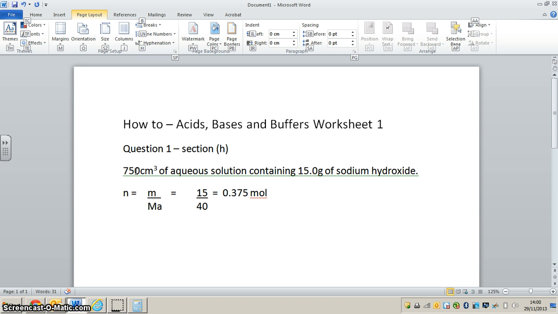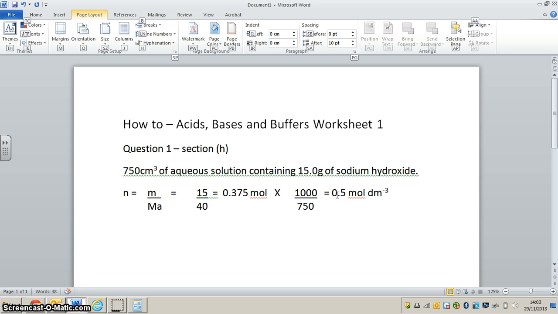So now what we've got to do is to work out the moles per decimetre cubed, and we do that like this. So now we have 0.375 times 1,000 centimetres cubed, divided by 750 centimetres cubed, which is the volume we've got, and we get a final concentration of sodium hydroxide of 0.5 mole per decimetre cubed.